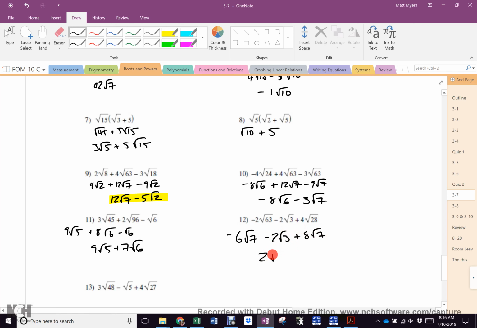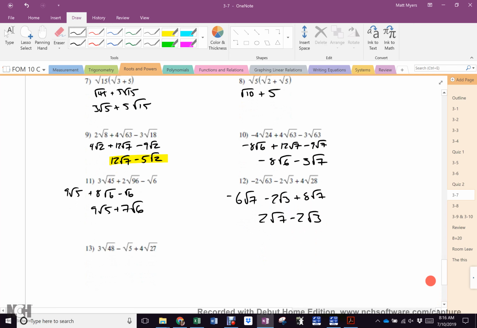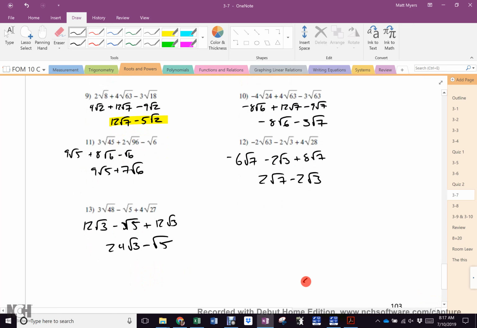So that is 2 root 7 minus 2 root 3. And that is 16, so that is 12 root 3 minus root 5 plus 12 root 3, 24 root 3 minus root 5, making that page out of 26. The whole assignment is out of 48. I will get those marks from you sometime this or the next block. Okay?